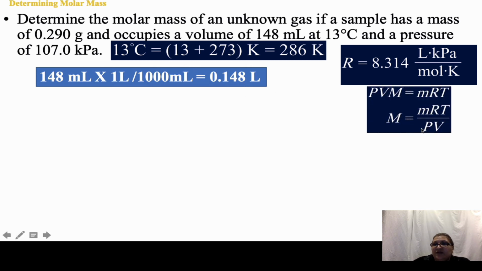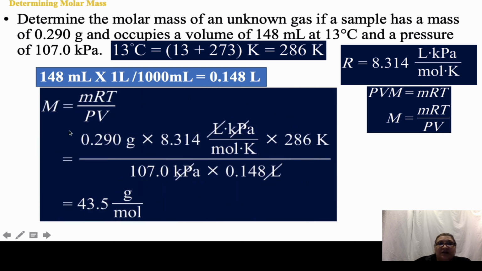This is the formula we're going to use: PV molar mass equals the mass times RT. To solve for molar mass, because we want M, you divide both sides by PV. So molar mass equals the mass times RT divided by PV. We know that the mass is 0.29. We know our R is 8.31. We know our temperature is 286.